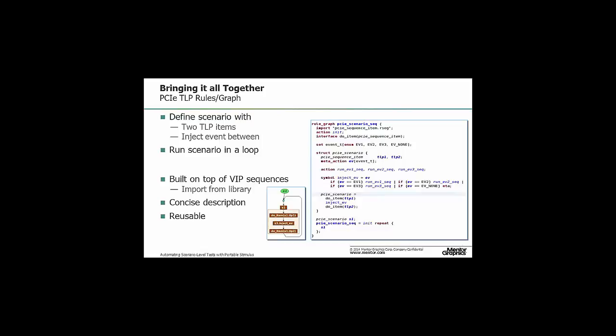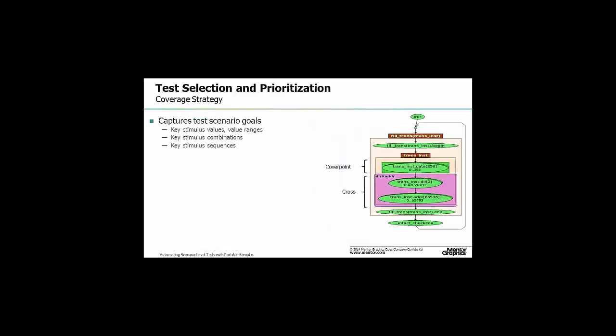So we can reuse those as well. And the whole scenario is these 4 lines at the bottom. PCI scenario is do item TLP1, inject event, do item TLP2. So really simple.